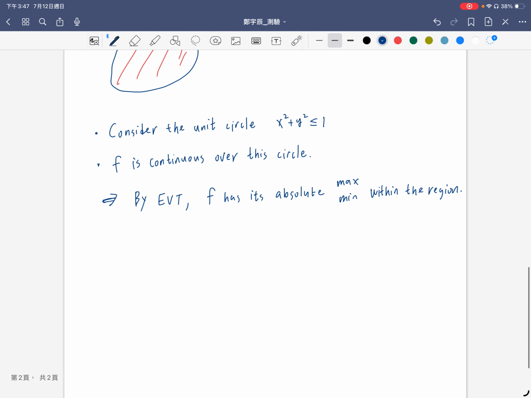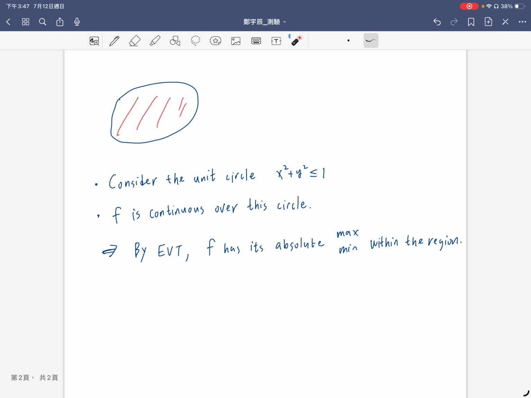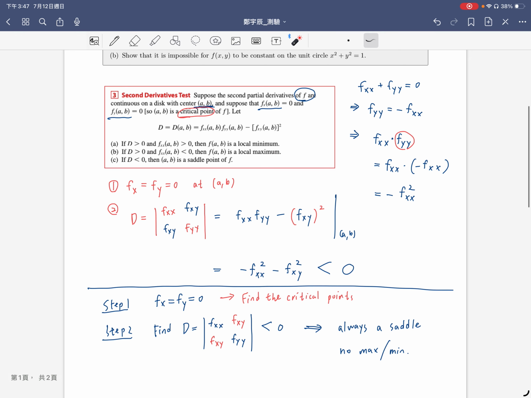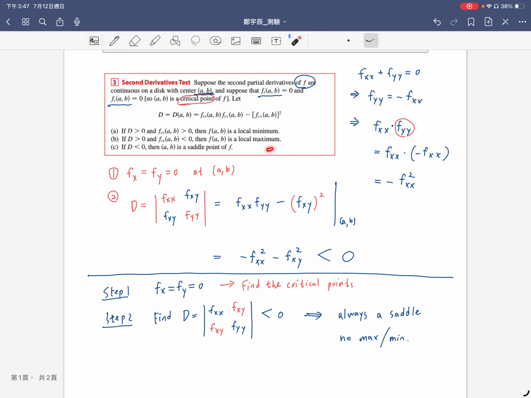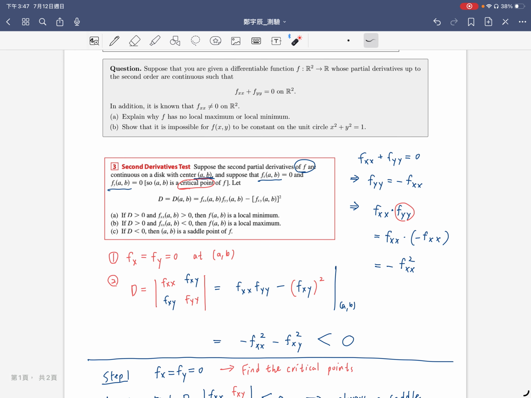Okay, so now let's find the absolute maximum and minimum inside this region. The first thing is to find the local max and local min, and we compare them to find the absolute ones. However, from question A, we realize that we will not have any local maximum or minimum within this range because the condition here is very strict.